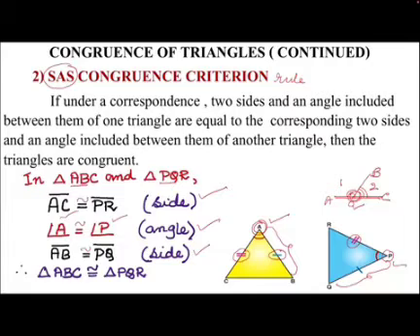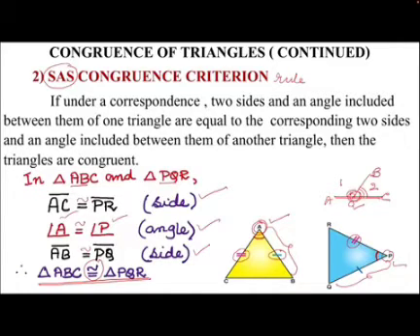So side of one triangle, you are matching with the side of the other triangle, corresponding side, children. That term is very, very important. Okay, so by matching that way, now we have proved that triangle ABC and triangle PQR, again check the order, triangle ABC and triangle PQR are congruent.